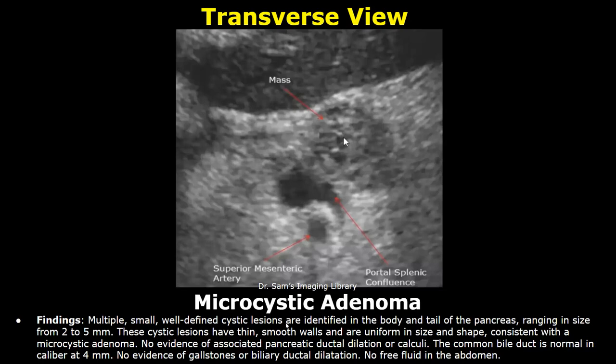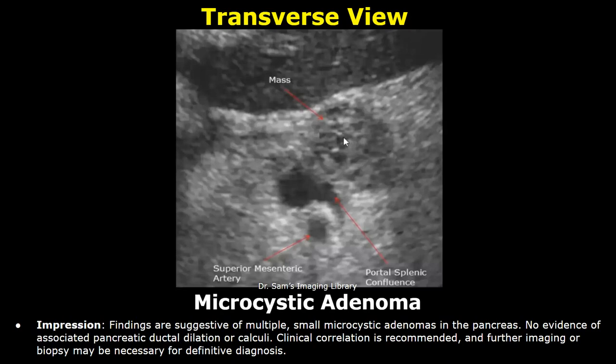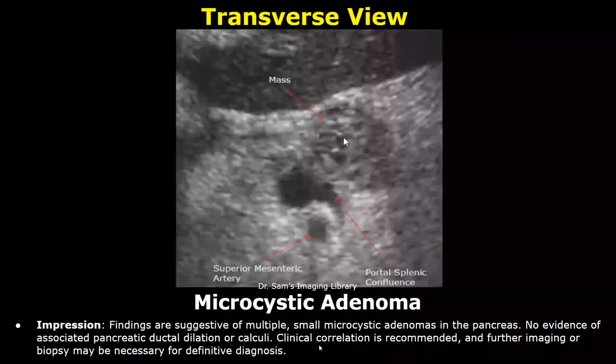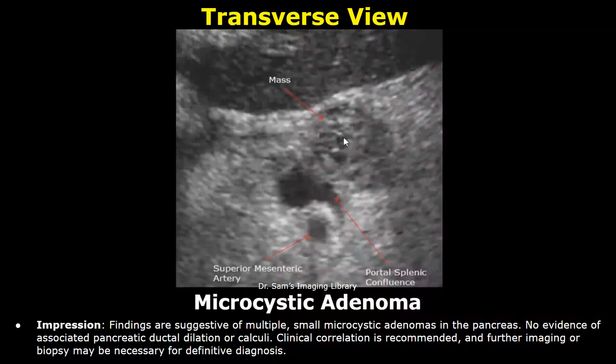These findings are consistent with a microcystic adenoma. In the impression, we can write findings are suggestive of multiple small microcystic adenomas in the pancreas, and in the end we must write clinical correlation is recommended and further imaging or biopsy may be necessary for definitive diagnosis.